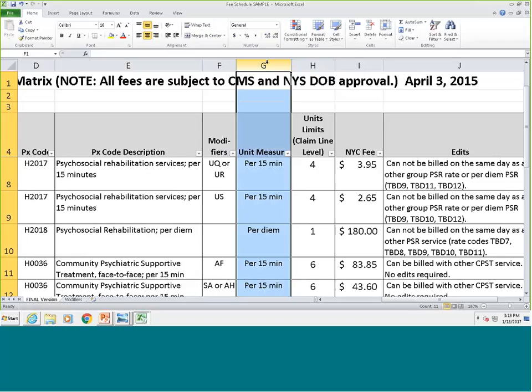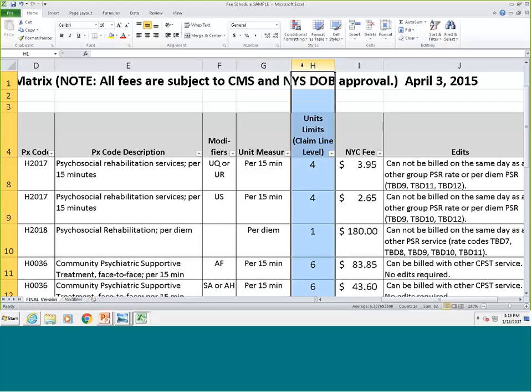In column G is the unit measures. How long is a unit? So if I do an hour service at 15 minutes, I would need to use 4 units. Column H will let you know the maximum amount of units. So if I'm looking at the first line of 4, if I did 2 hours at 15 minutes, I'm only going to get paid for 4 units, not all 8 units.